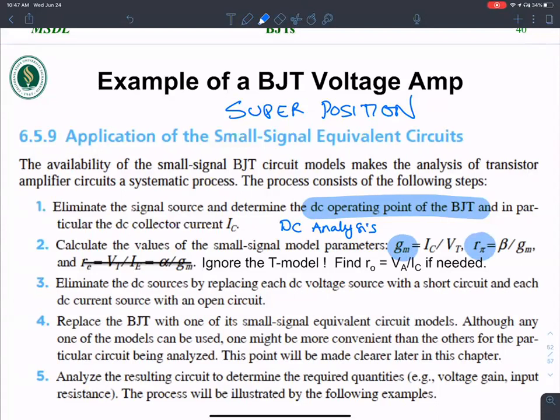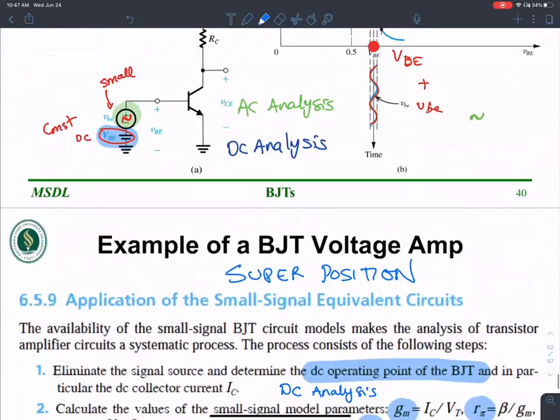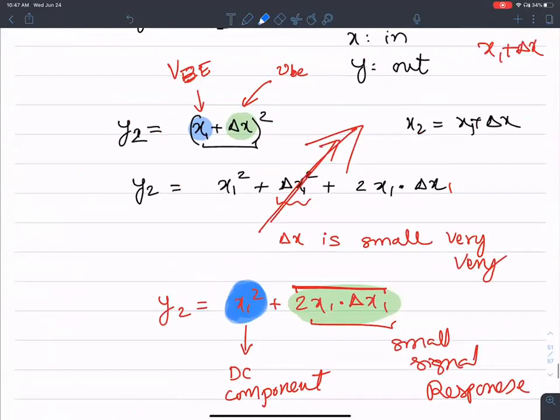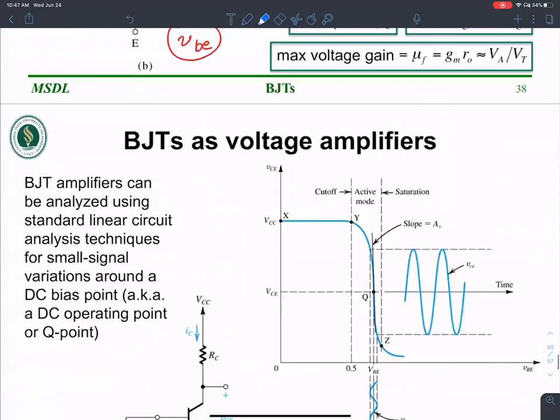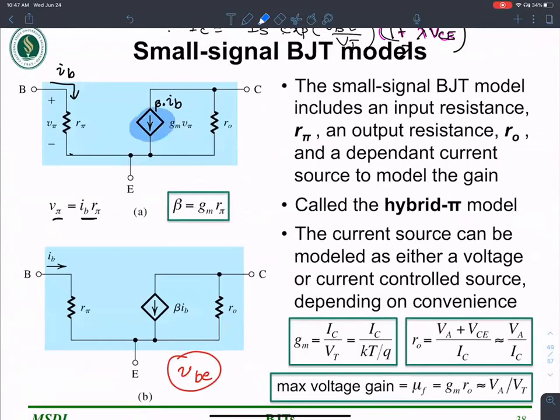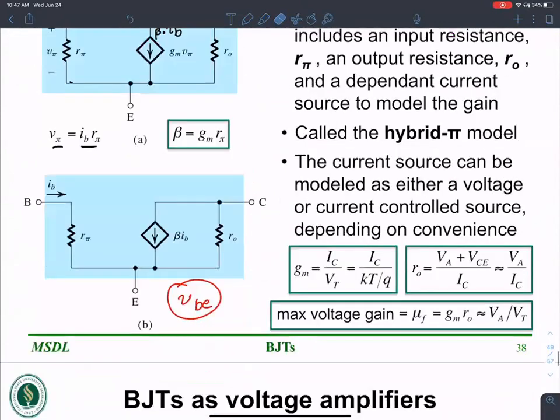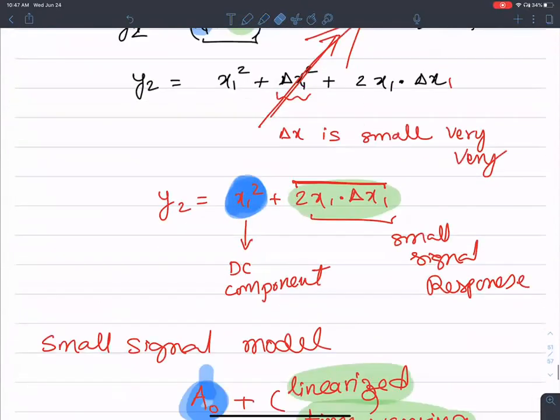Once we find gm, r pi, and r naught, the small signal model parameters, which depend on the DC operating conditions, we are in a position to write the small signal model.